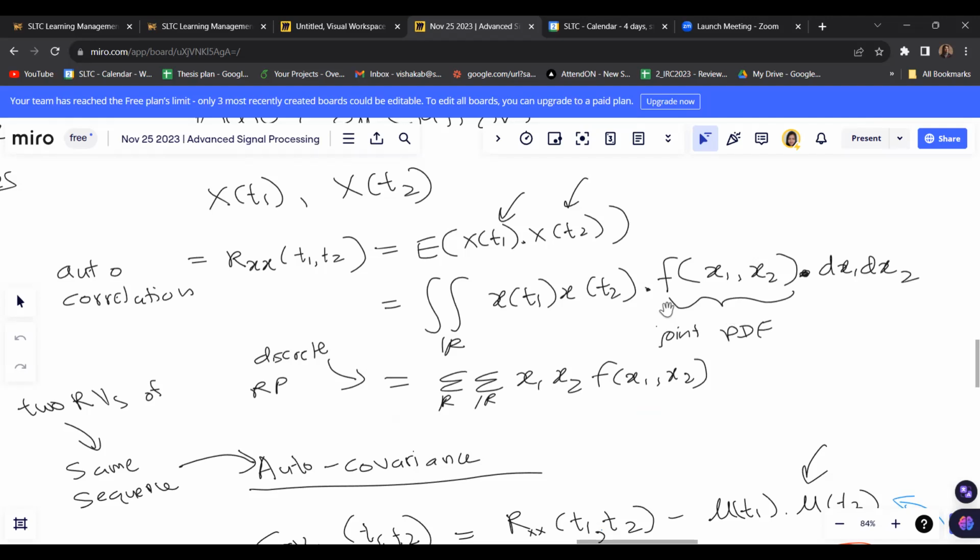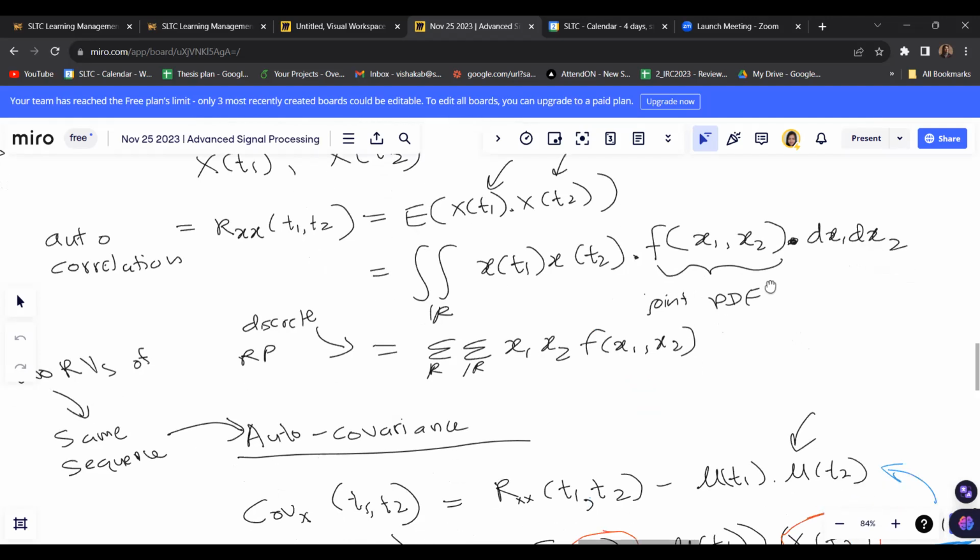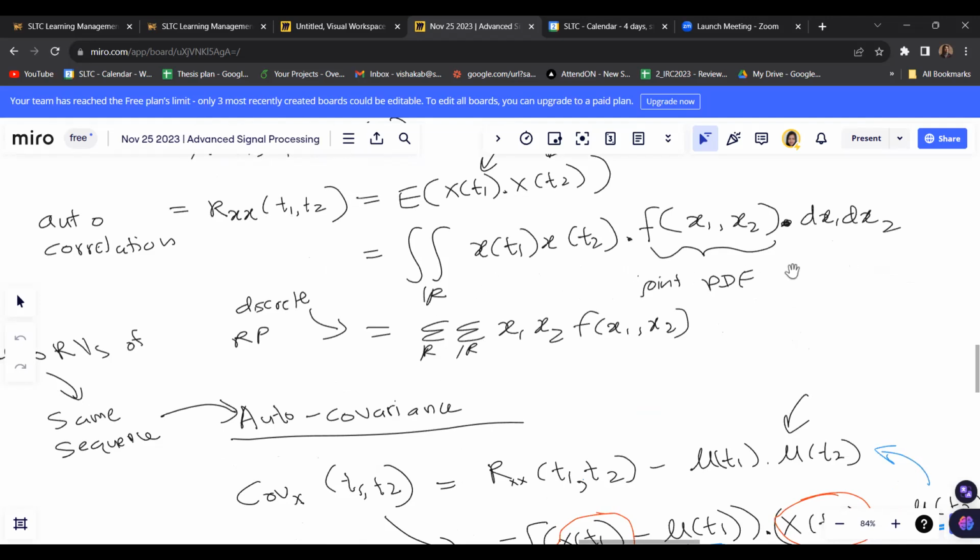That is an integration of the product of xt1 and xt2 multiplied by f(x1, x2), which is the joint PDF. That results in the autocorrelation between these two random variables, and we can find the value.